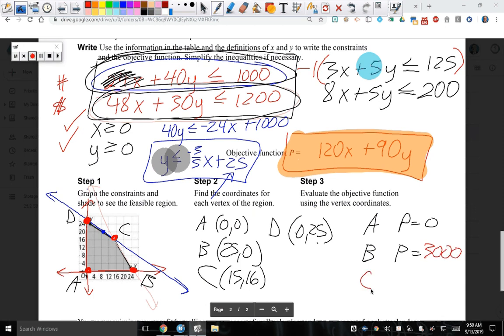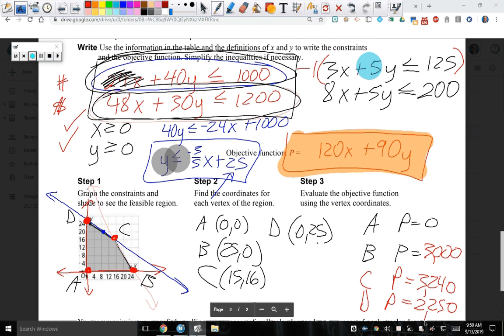C. I'm using the calculator. I'm maximizing the profit. Anyone, what would I get for C? 3,000. Yep, 3240. And last but not least, at D, anyone, what would I get? Yes, nice, 2250.